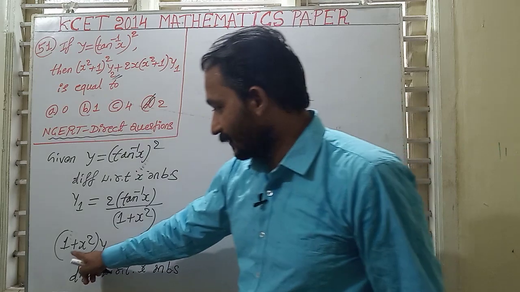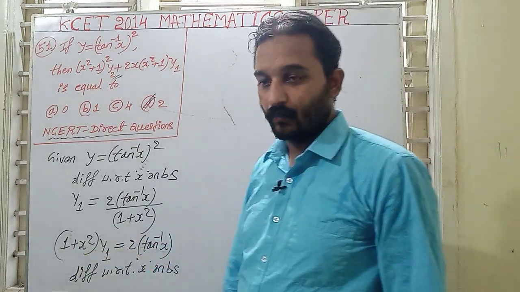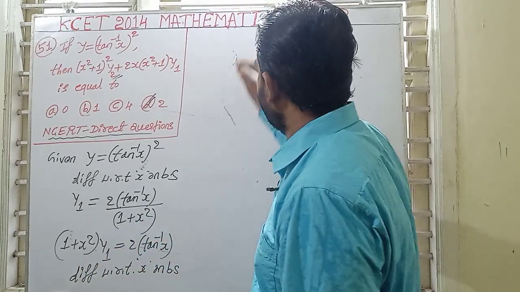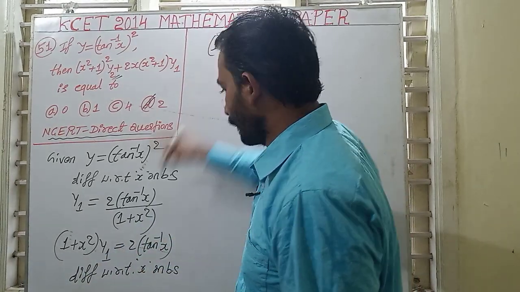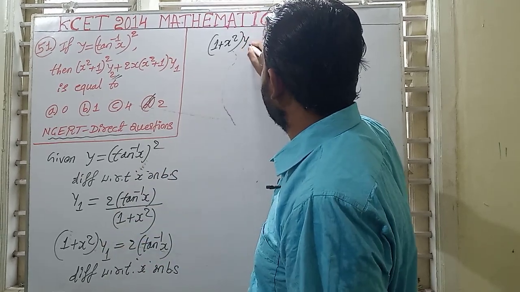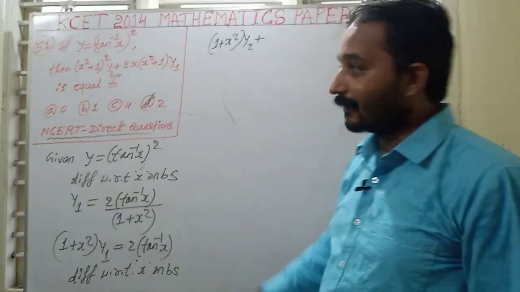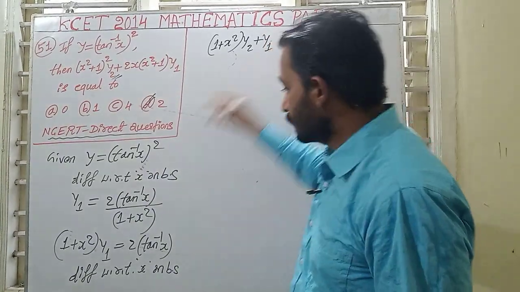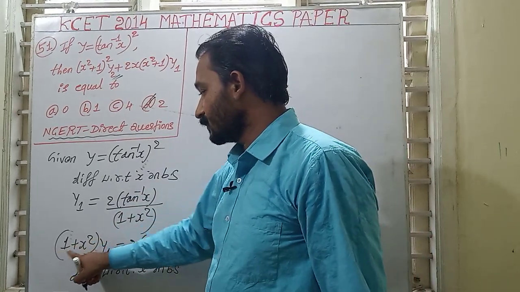Take 1 plus x square as the first function and y1 as the second function. Take the first function as constant, (1 plus x square), and differentiate the second function y1, which gives y2, the second order derivative, plus, taking y1 as constant, differentiate 1 plus x square, which is 2x: differentiation of 1 is 0, and of x square is 2x.